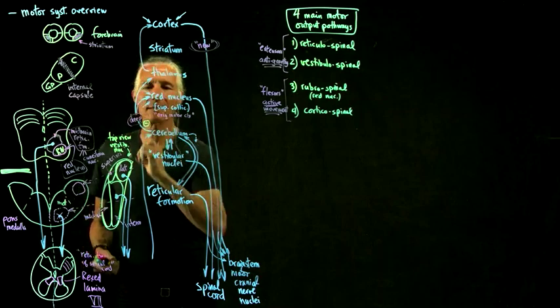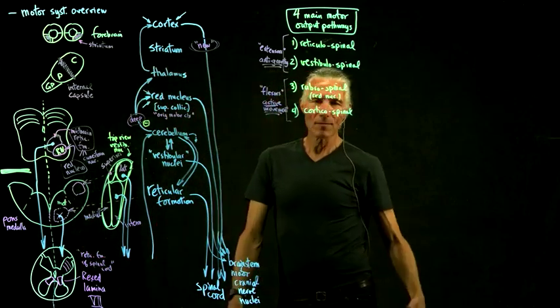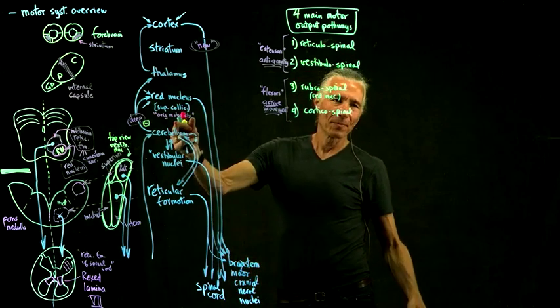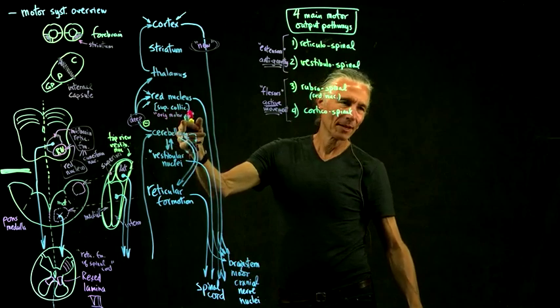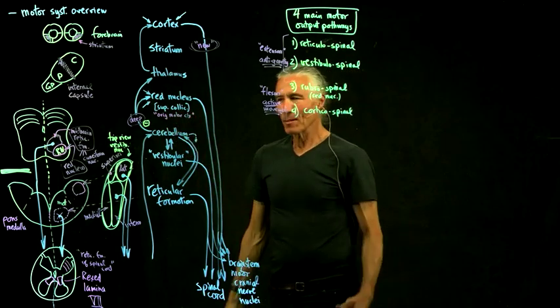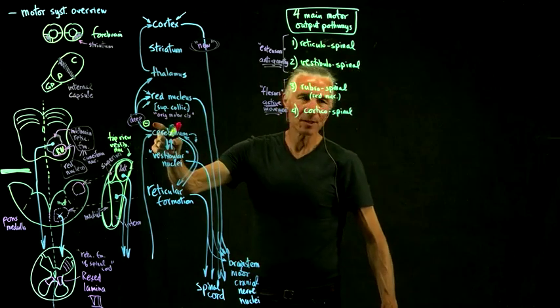So the output of the cerebellum is, there's like three-quarters of all the neurons in your brain are in the cerebellum. More than the cortex, like three times as many neurons as you have in the cortex are in the cerebellum. So the cerebellum is doing all its stuff, but its output is strictly inhibitory.